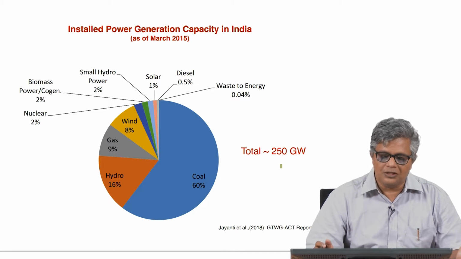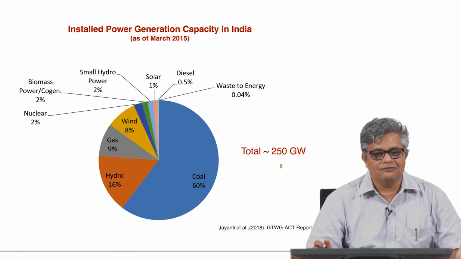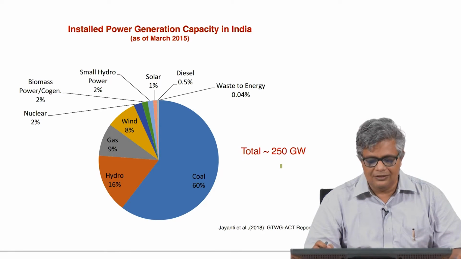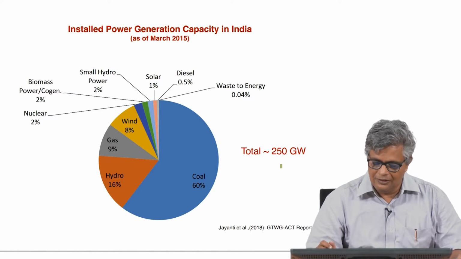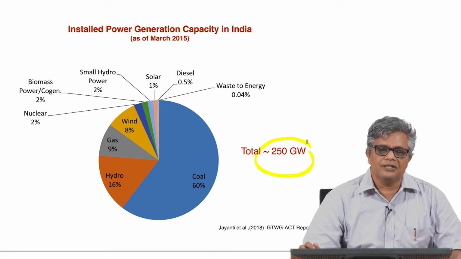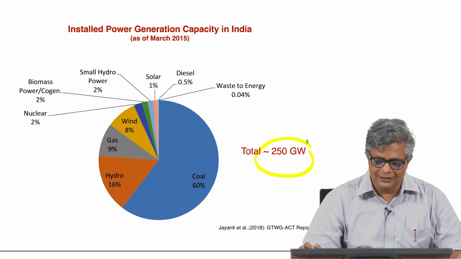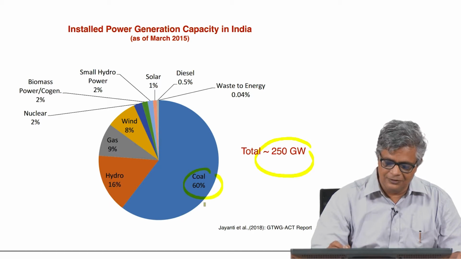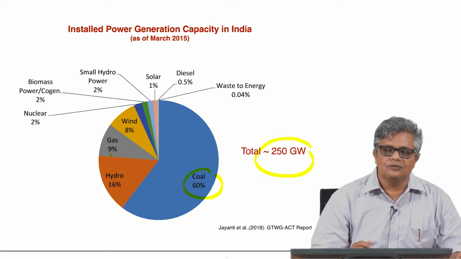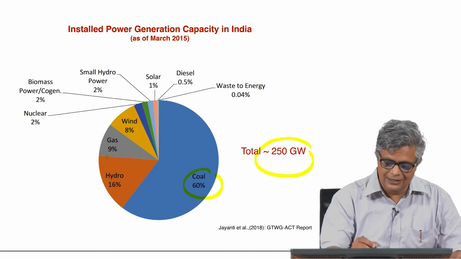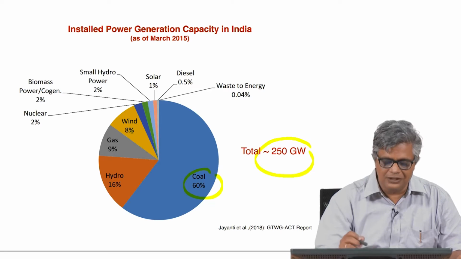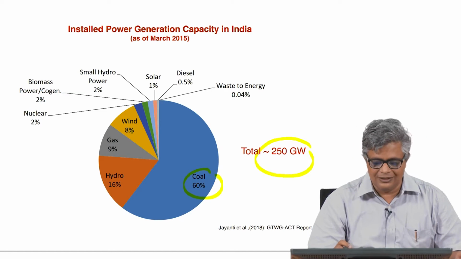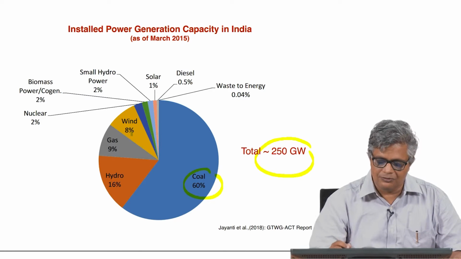When we look at our total installed power generation capacity, we have a fairly bleak look from the global warming point of view and from the environmental effect point of view, because we have a total of 250 gigawatts of installed electricity generation capacity, and out of that coal accounts for 60% and gas, which is a fossil fuel that emits carbon dioxide, accounts for another 9%, and hydro and wind, which are free from CO2 emissions, account for about a quarter, and solar as of March 2015 is only 1%.